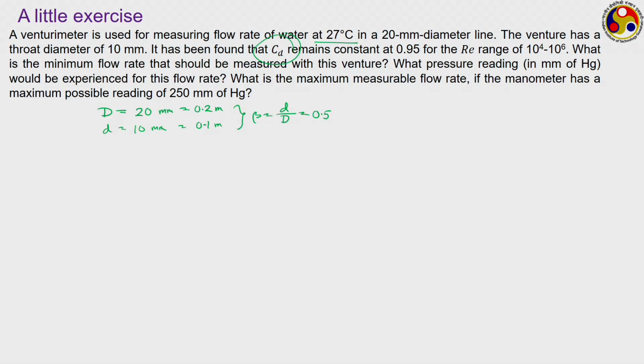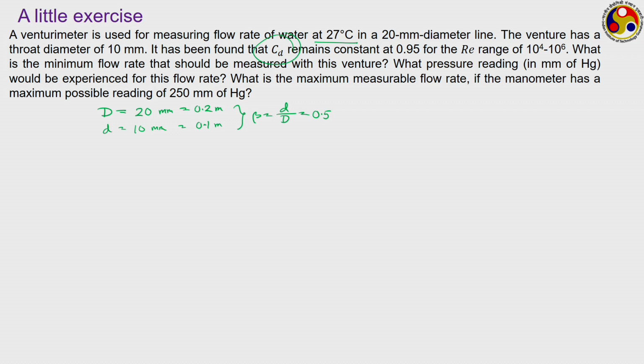So, we generally depend upon some kind of experimental charts or certain experimental correlations or empirical relations to get the value of CD. And this particular venturimeter that we are dealing with here is found to have a constant value of CD of 0.95 only in this particular range of Reynolds number.